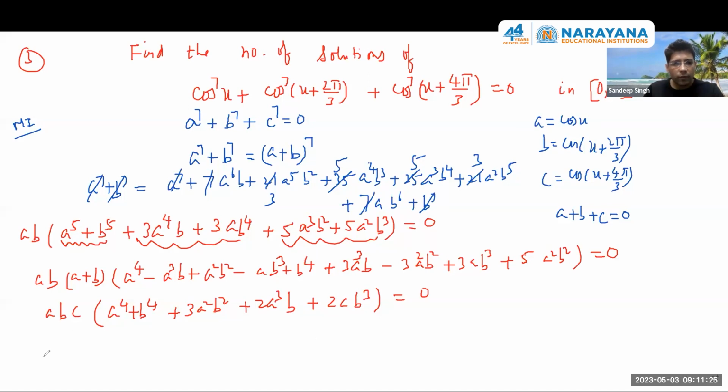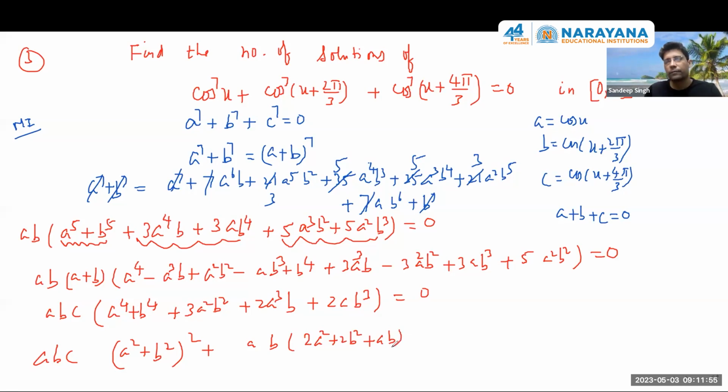So this will be ABC times, if I make it a perfect square, A square plus B square whole square plus A square B square, not A square B square, AB I want to take common. If I take AB common, then what will be the term? 2A square plus 2B square plus AB.